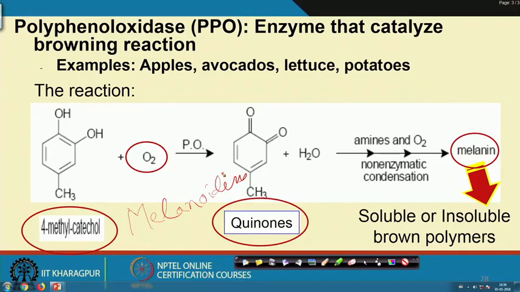With the pen, some pressure is required: this one is light, this one is dark, so you have to press. Those soluble and insoluble brown materials are melanins or melanoidins.